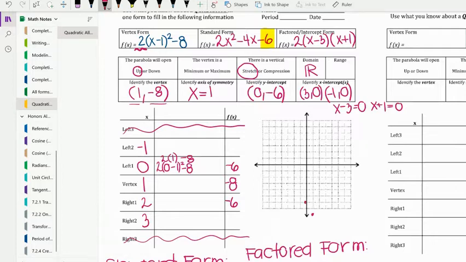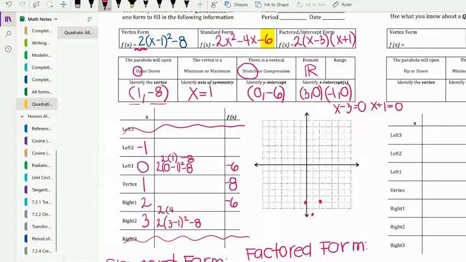So then we're going to put that on the graph. So we have 0, negative 6, and 2, negative 6. And then we'll plug in another point. I'm going to plug in 3 over negative 1 just because it's a positive number. So we have 2 times 3 minus 1 squared minus 8. So 3 minus 1 is 2, and then you square that and you get 4.